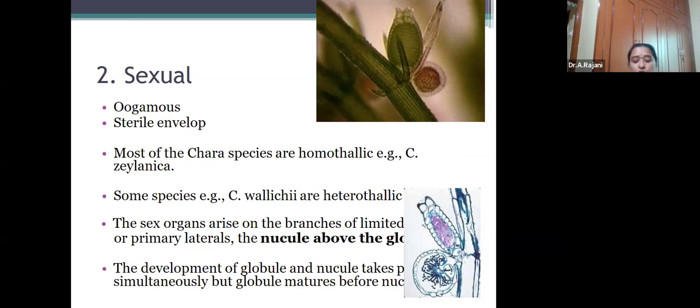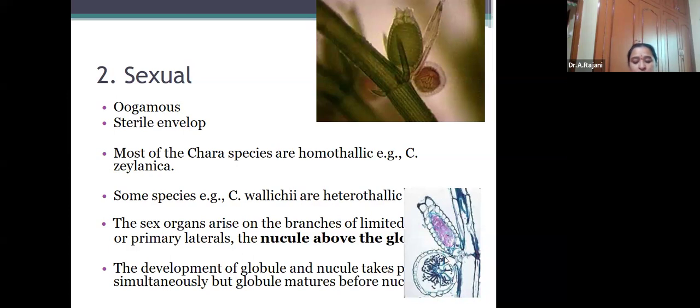Both globule and nucule are borne at one point on the node of the short lateral, which bears stipules. The nucule is always borne above the globule. See, this is the nucule. This one is the globule. The nucule is always borne above the globule.